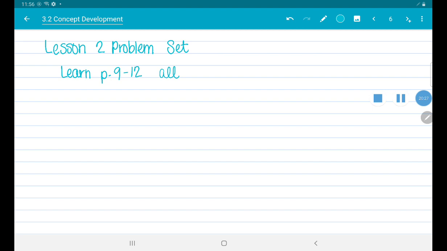You do not have to turn that in to me right now. You can just work them out. I'm going to attach, just like I did yesterday, the answer key so that you can check your answers, and you can bring that back to me whenever we come back to school. And if you're a virtual student, next time you come, you can bring your problem sets in for me to look at.